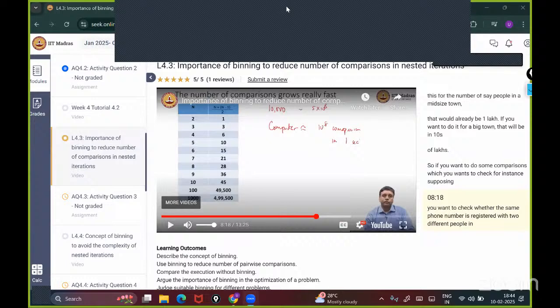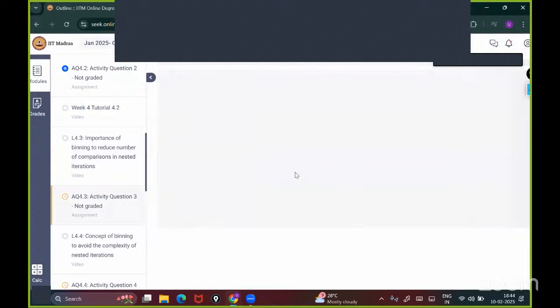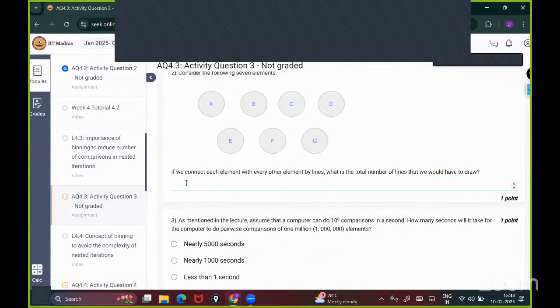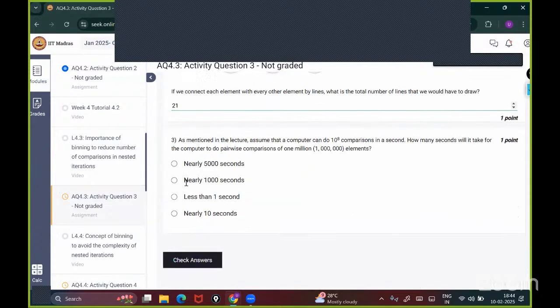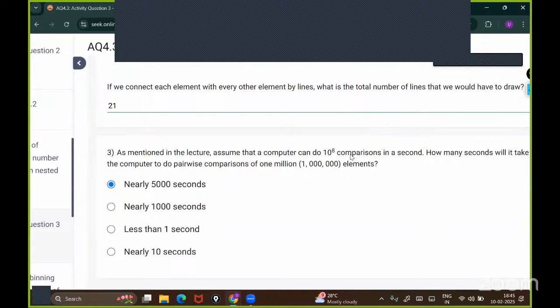So here the question is, we have to check with the options. The option can be nearly 5,000 seconds, because every time they are just incrementing the elements to 1 million.